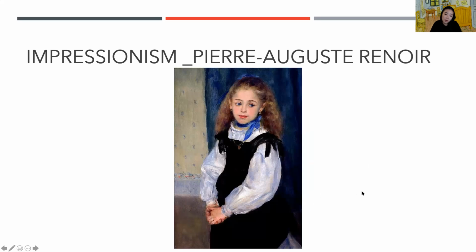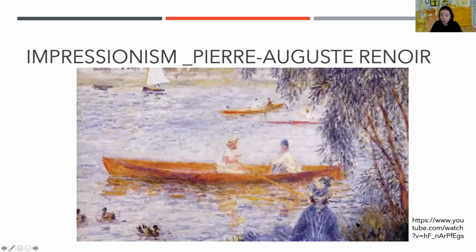And Renoir shows completed technique as an Impressionist through this painting. There is a video about his life with his masterpieces in the model room. So please watch the video to fully understand the artist.